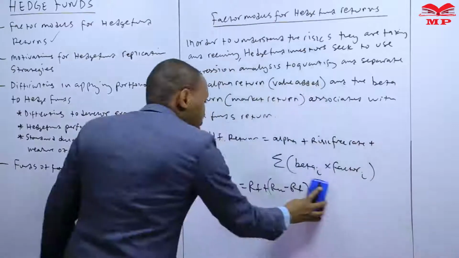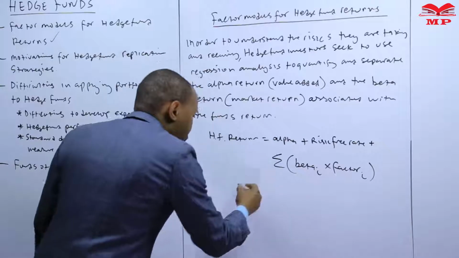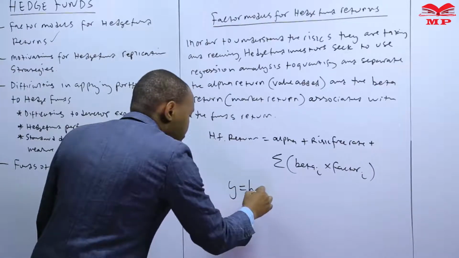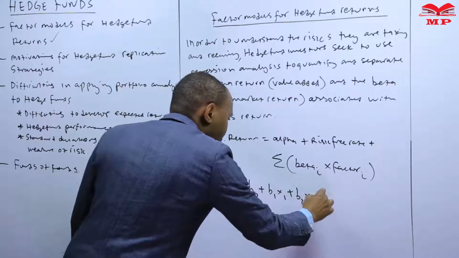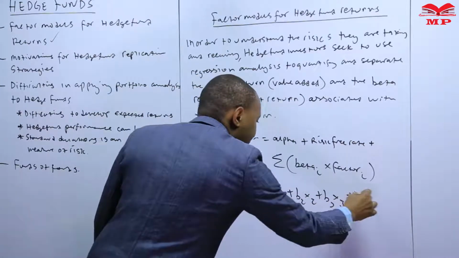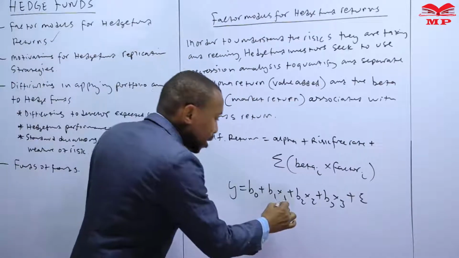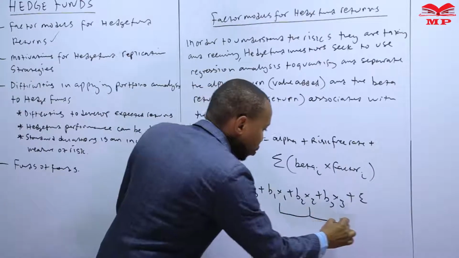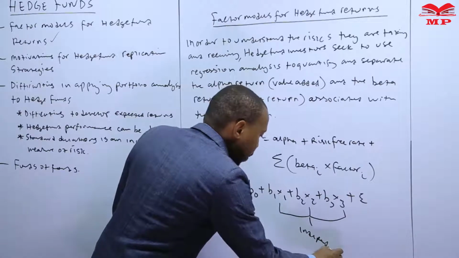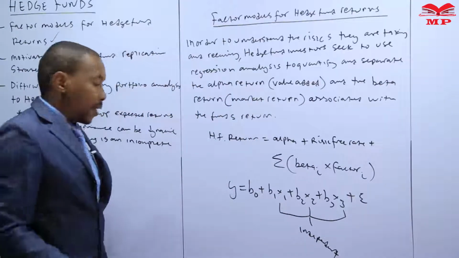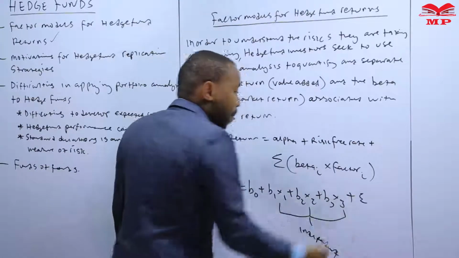In regression analysis, this equation is of the form y equals b0 plus b1 x1 plus b2 x2 plus b3 x3 plus an error component. What is not explained by these independent variables, x1, x2 and x3, which are not affected by any other factor, will be explained by the error term.